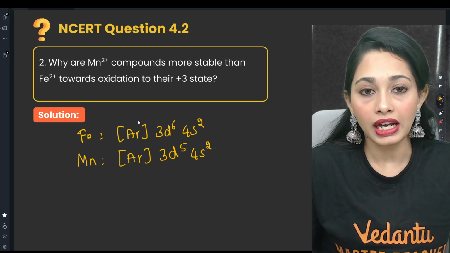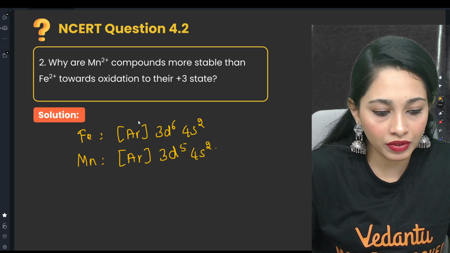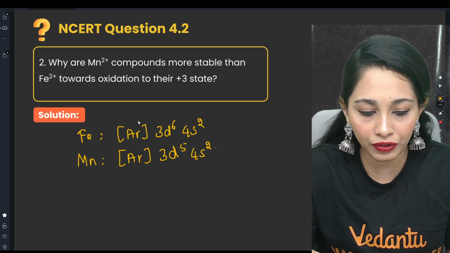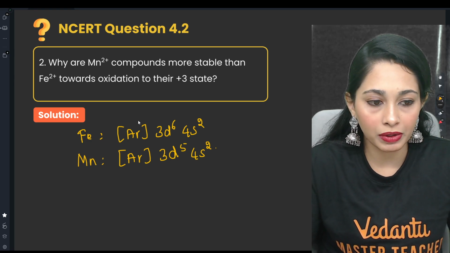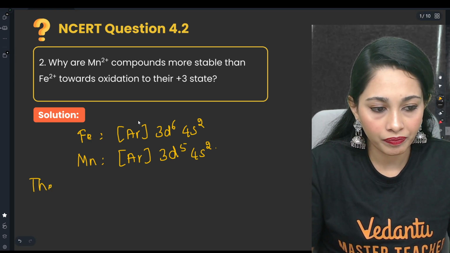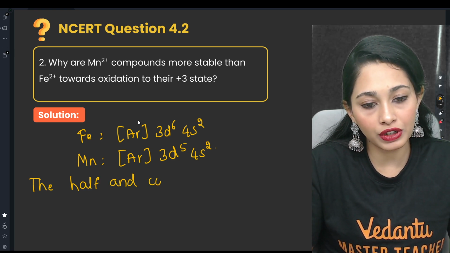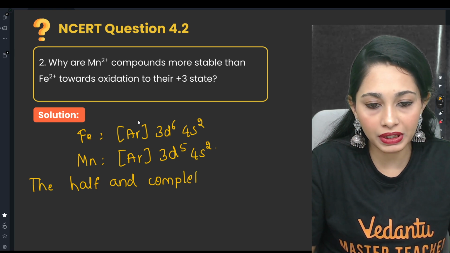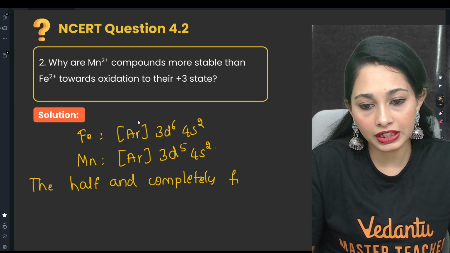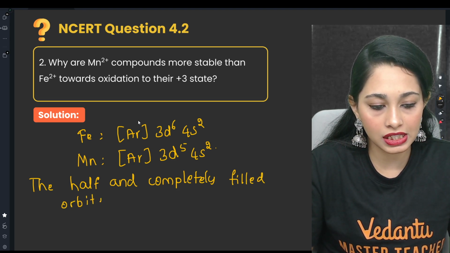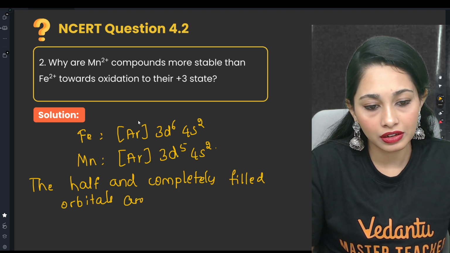So we know that if the orbitals are completely or half filled, then they are more stable. So the half and completely filled orbitals are very stable.